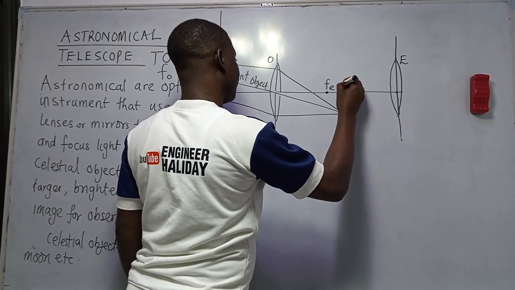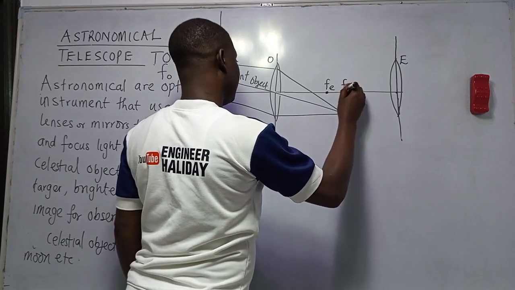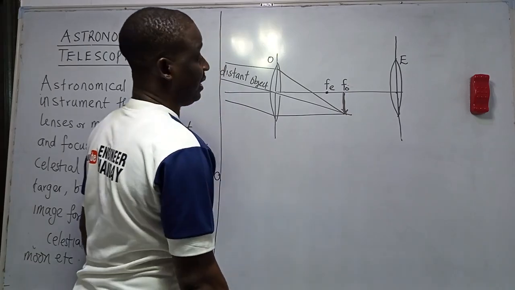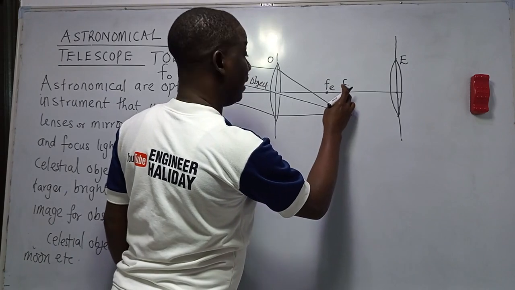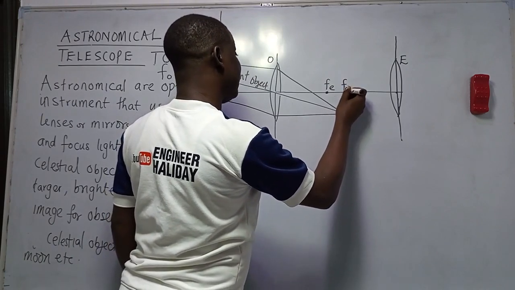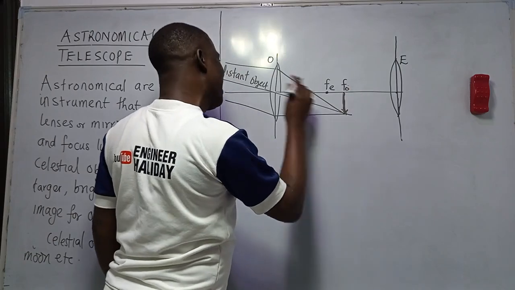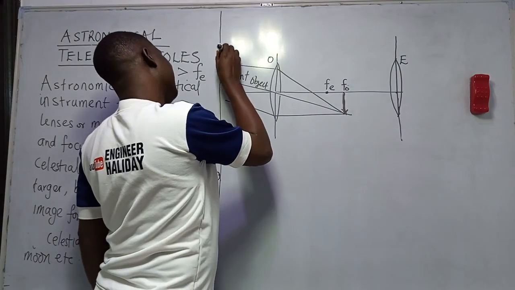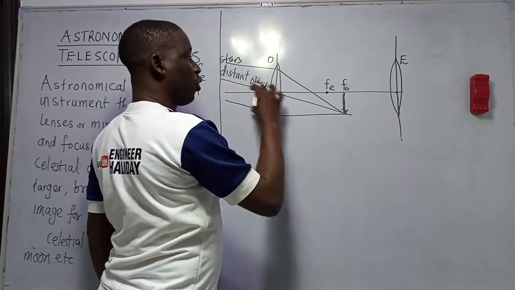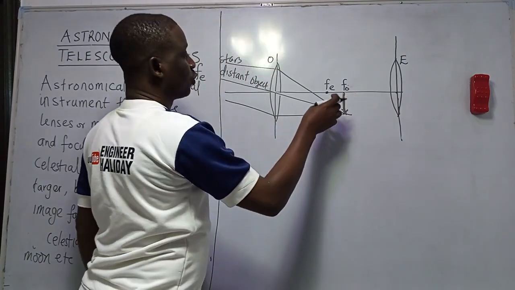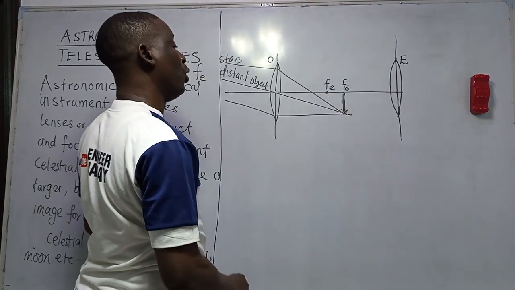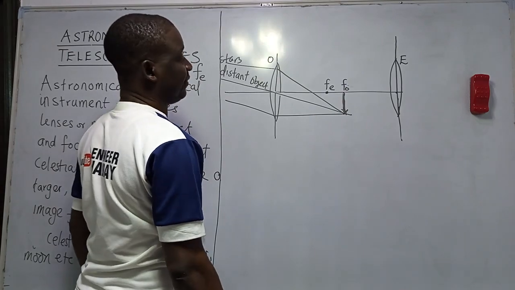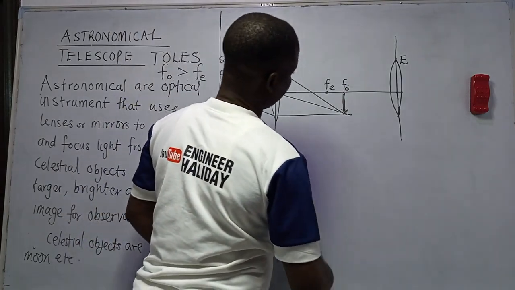Look at it: this is the objective lens. The objective focal length is where the image coming from, maybe the stars, meets to form its image at the focal point, or the principal focus, of the objective lens.